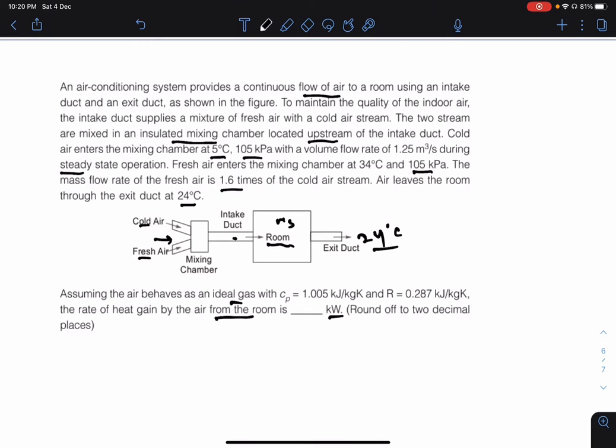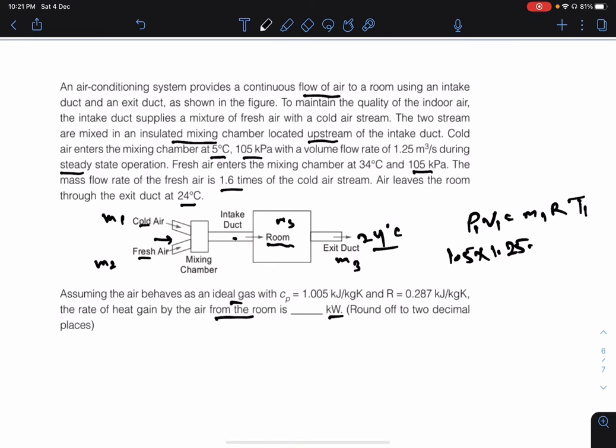So this is a steady state operation. So we can write here mass as M3, here mass as M1, here mass as M2. So P1 V1 is equal to M1 R T1. So if I write P1 as 105 into 1.25 is equal to M1 into, it is given as 0.287 into 278.